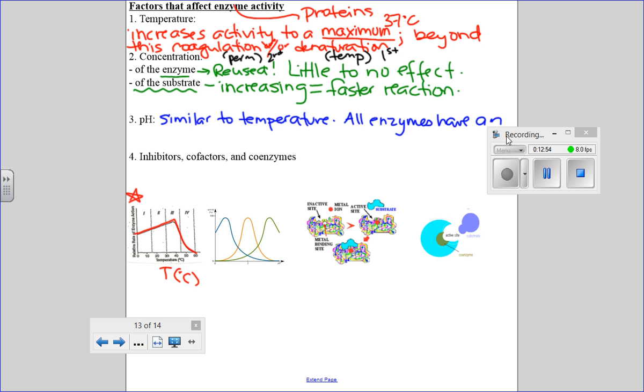So all enzymes have an optimum pH. More or less, so if I go above the optimum pH or below the optimum pH, it decreases activity.